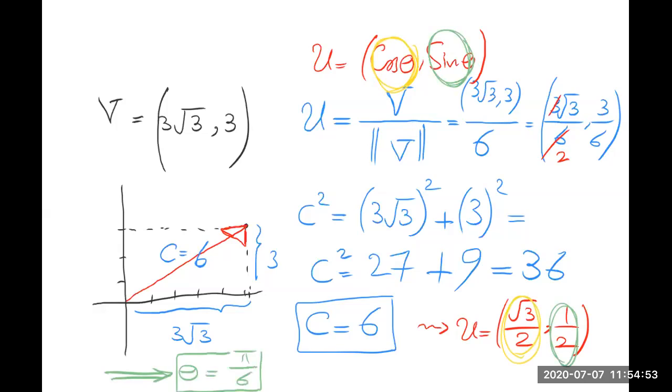So this angle is pi over 6. That's another way to present vectors. We can find the angle they make with the x-axis, and we have their length. So v is equal to its length, which is 6, times cosine theta, which is the square root of 3 over 2, and sine theta, 1 over 2.